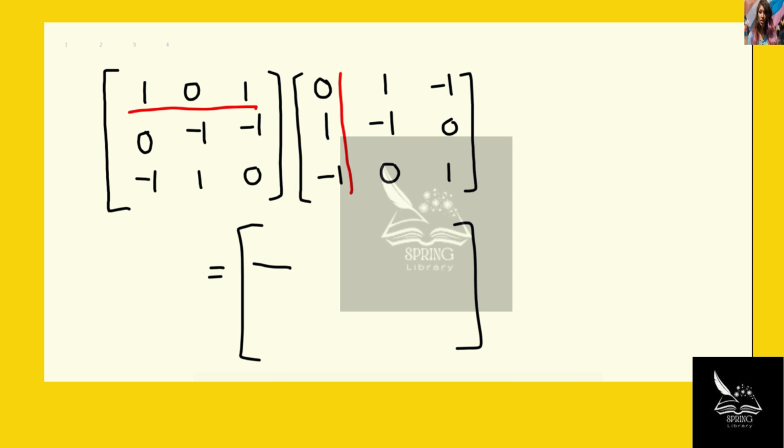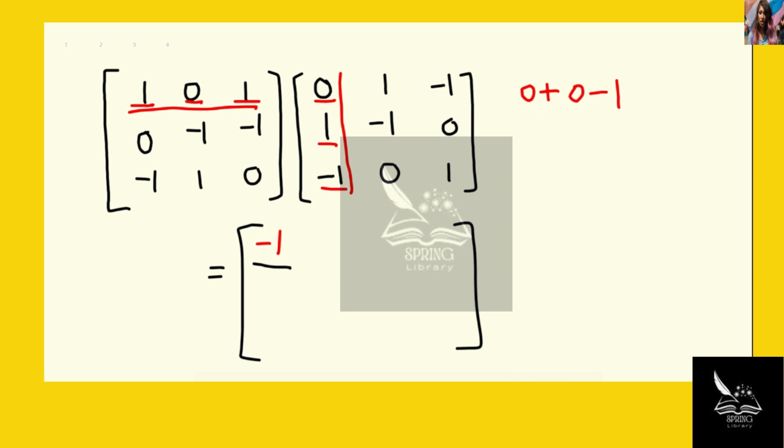Using this row and column, we're going to multiply each item in it and add it together. So we take 1 multiplied by 0, which gives us 0. We'll add that to 0 multiplied by 1, which is also 0. We'll add that to 1 multiplied by negative 1, which is going to be negative 1. And so when we add all that together, that'll give us negative 1 in this location.